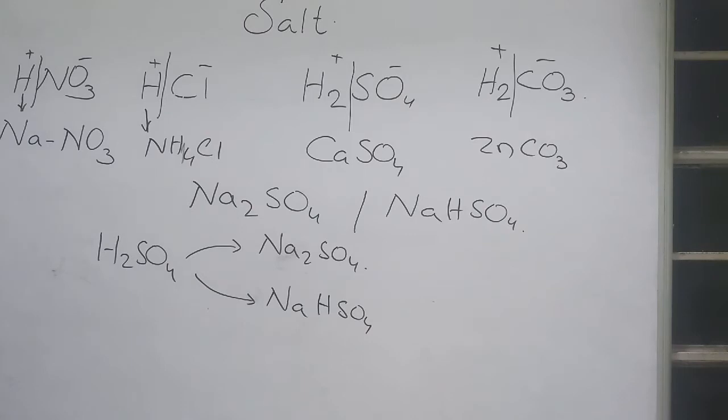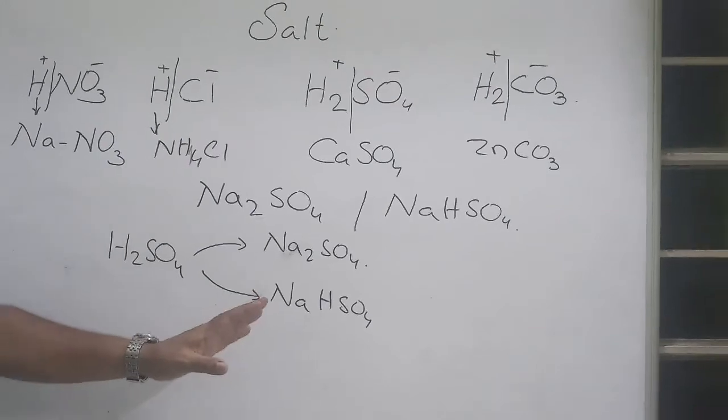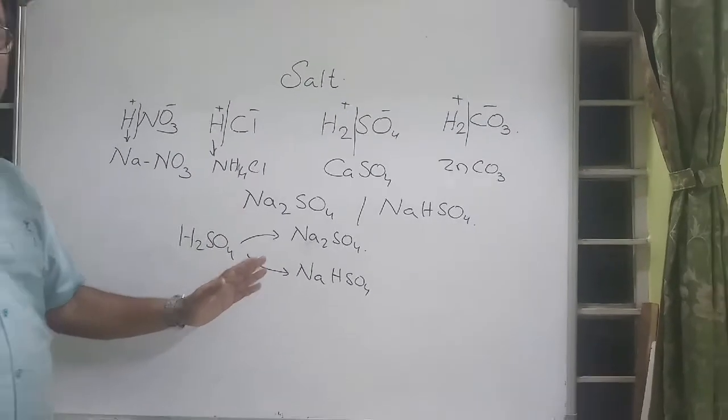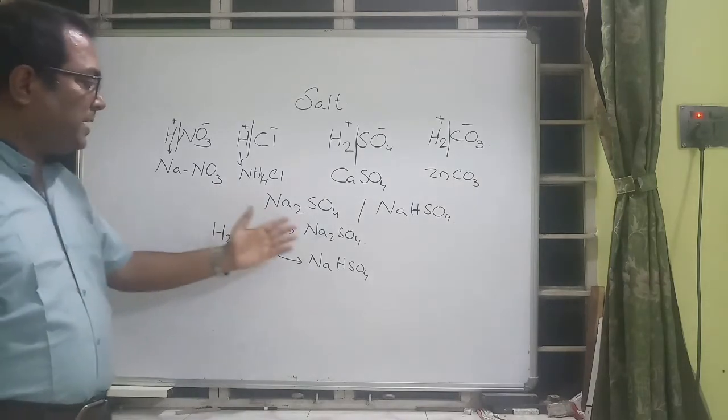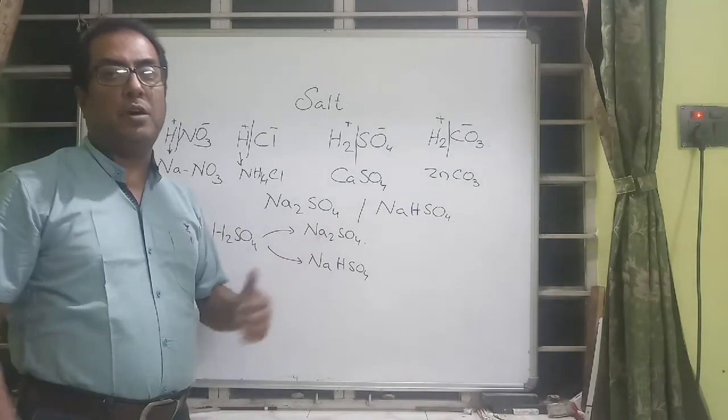This we call an acid salt. So in sulfuric acid, if it is a partial replacement, it is called an acid salt, and if it is a complete replacement, it is called a normal salt.